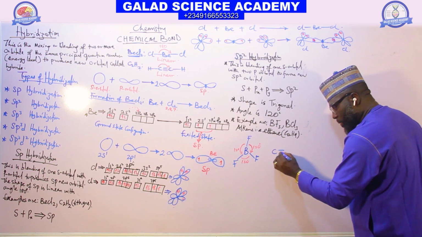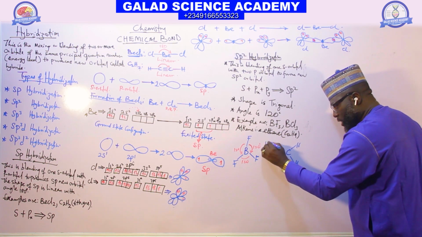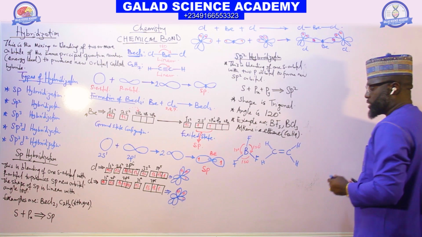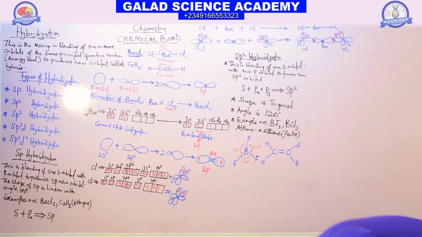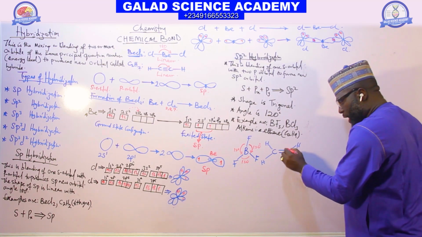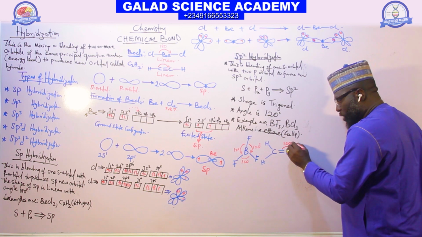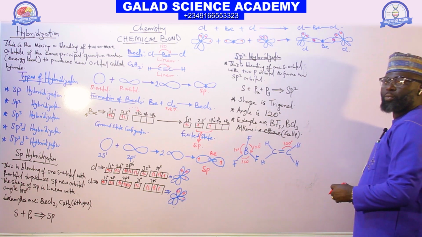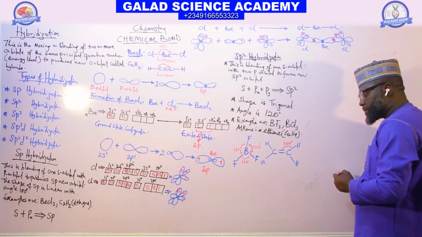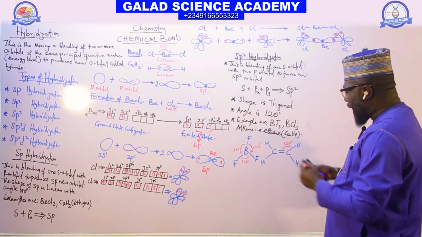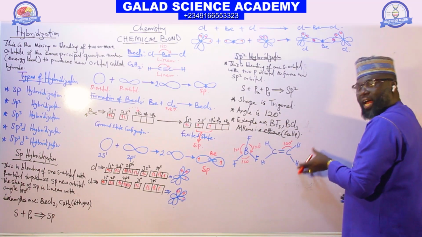This is C2H4 now, with H, H, H, H. So the angle we have in C2H4 here is 120, and the shape is trigonal.